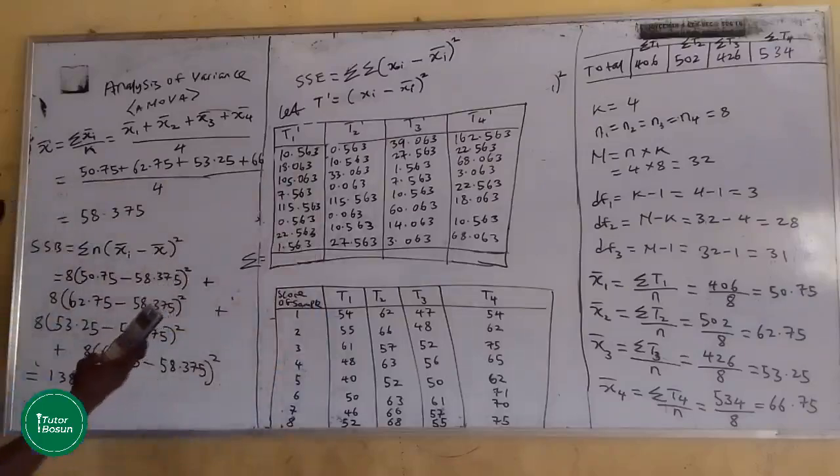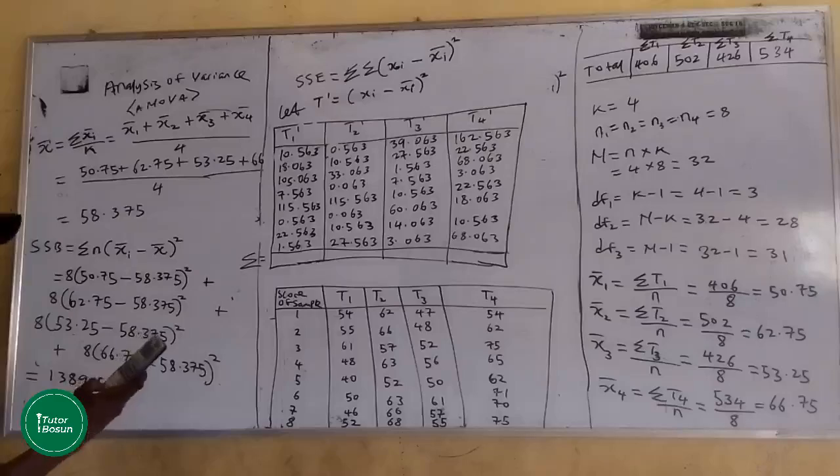Here for the first group, we have 10.563 plus 18.063 plus 105.063 plus 7.563 plus 115.563 plus 0.563 plus 22.563 plus 1.563.